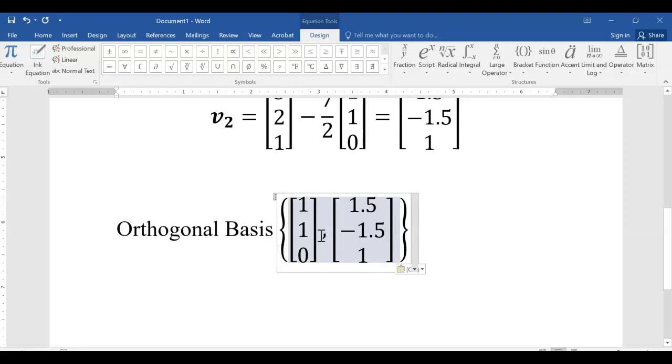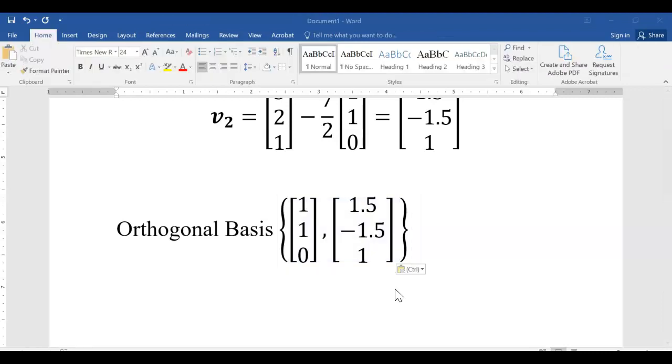There you go. Those two elements have the same span as my previous set did, and these two elements are orthogonal. Now, one thing I will add here is that orthogonality and linear combinations are not dependent upon which scalar we pick.